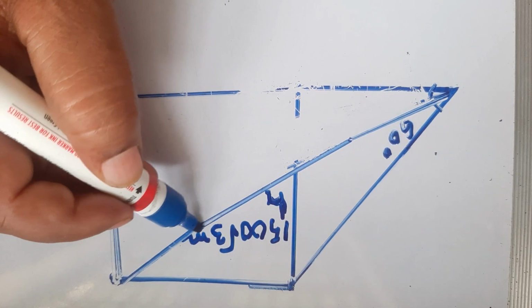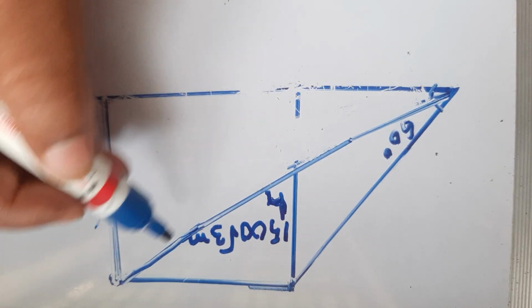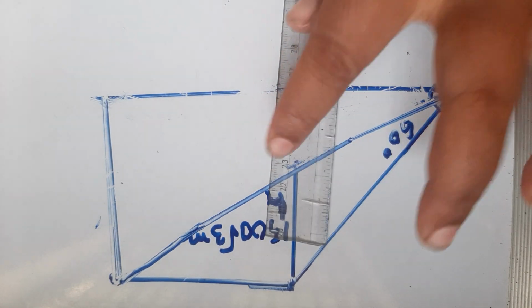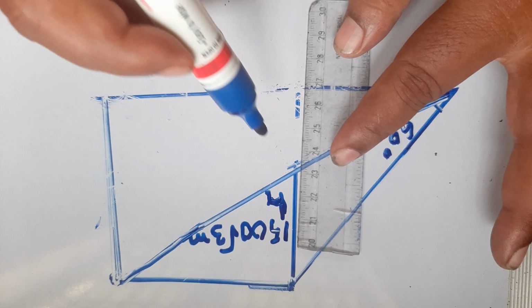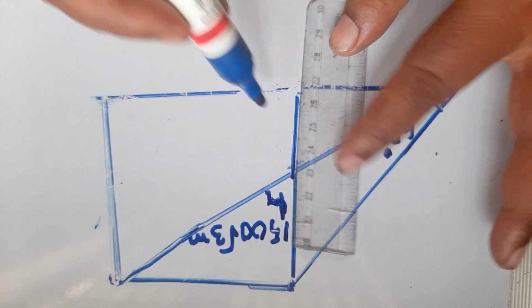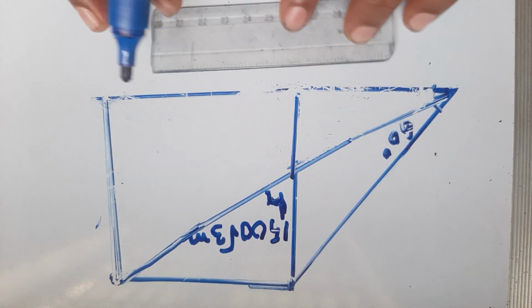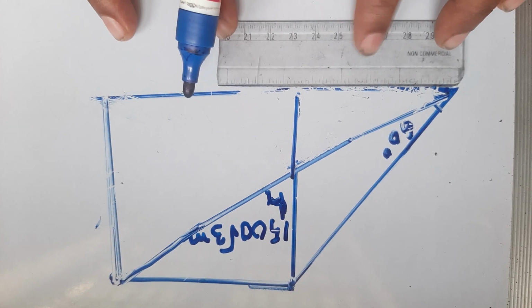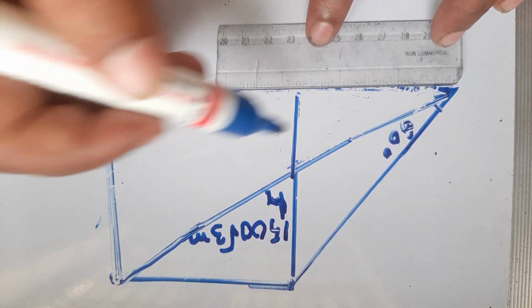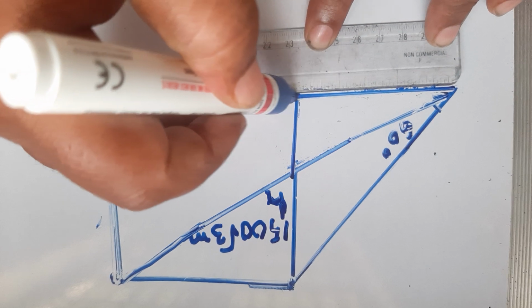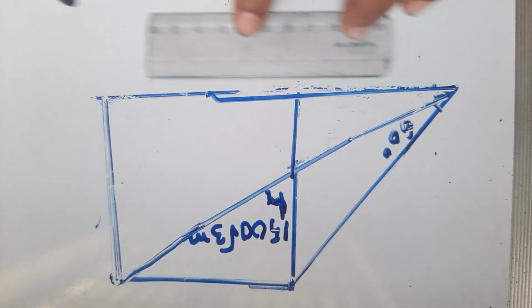Watch this angle carefully. It is a rough diagram, not exact measurements. I am not drawing the 60 degrees and the distances exactly, only approximately.